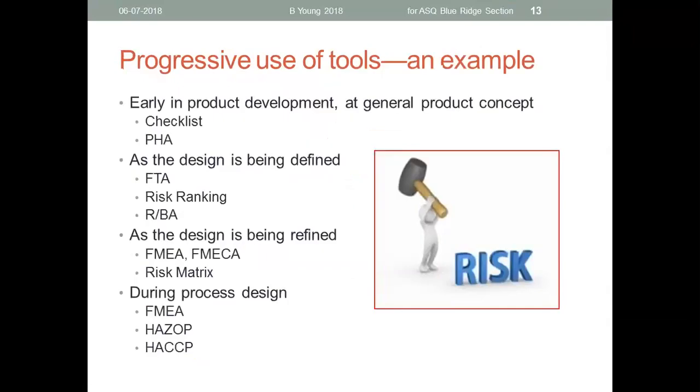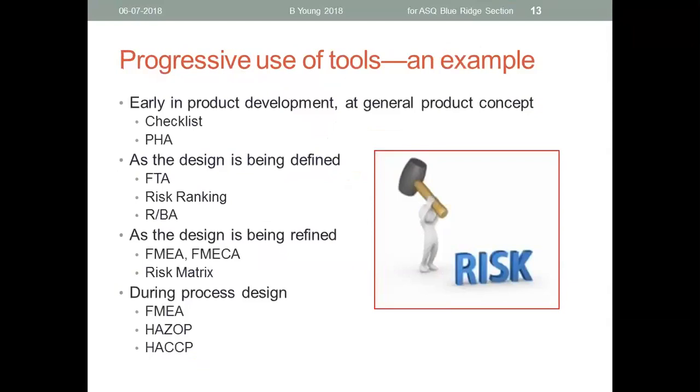Here's an example of progressive use of tools. Early in the product development, you may use something like a checklist, a what-if kind of list, or a preliminary hazard analysis, a PHA. As you gain more information, as the design begins to gel, fault tree analysis might be a better tool, or risk ranking, or some sort of a risk-based analysis.